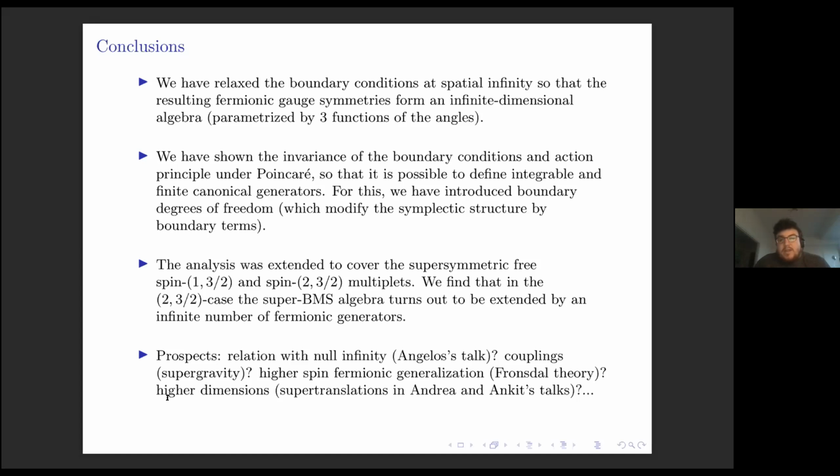We would like to study higher-spin fermionic generalizations, for instance in frontal theory, or even in higher dimensions, because of the recent results of Andrea and Ankit about the existence of supertranslations in higher dimensions. So these supertranslations should have some kind of square roots as well.